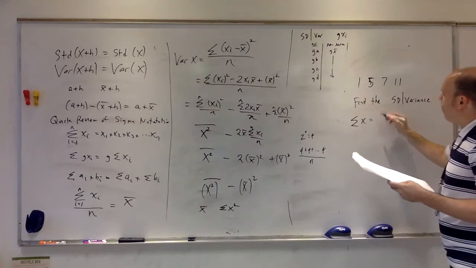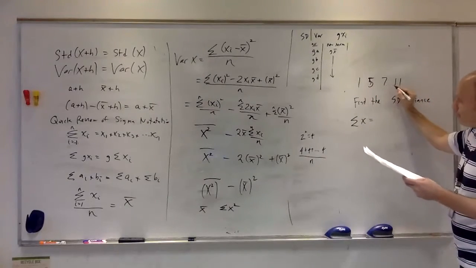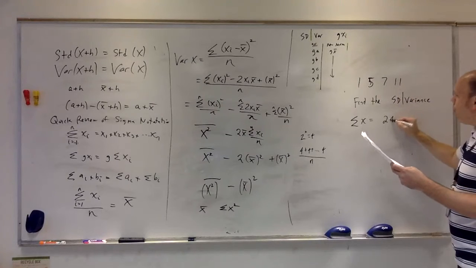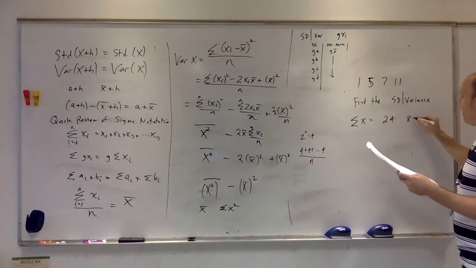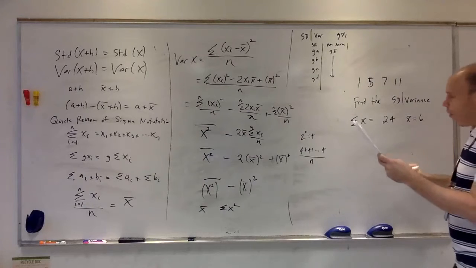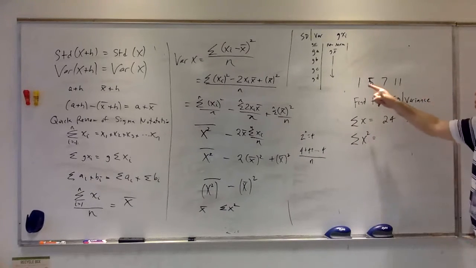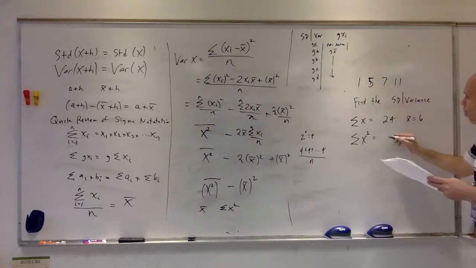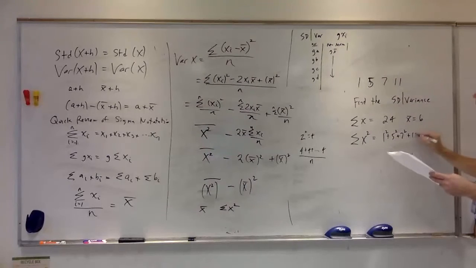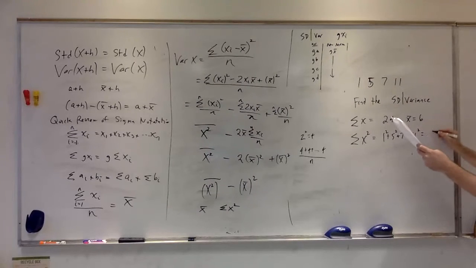First, let's add up the terms. So 1 plus 5 plus 7 plus 11 is 24, and therefore the mean is 6. The next thing we want to do is find the sum of the data squared. 1 plus 5 squared plus 7 squared plus 11 squared.